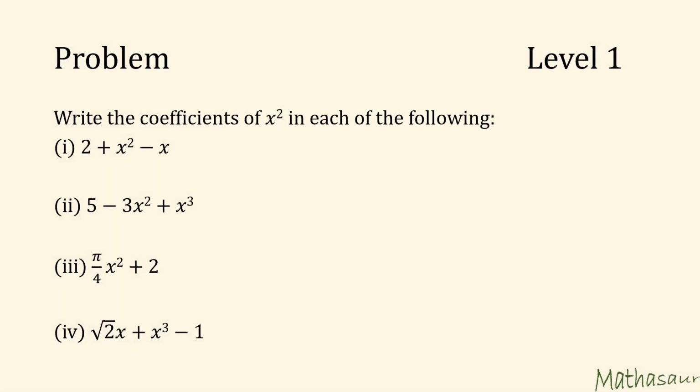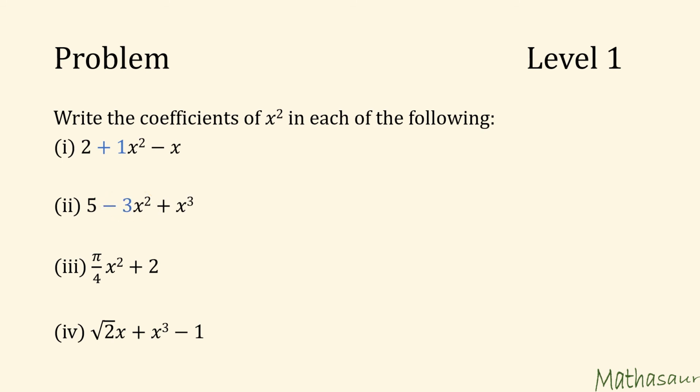Let us look at a few problems. Write the coefficient of x square in each of the following. Let us look at the first polynomial. There is no number attached to x square, so we could easily multiply it with 1. So plus 1 would be the coefficient of x square. Let us look at the second polynomial. Identify the term with x square and look at the real number preceding it.